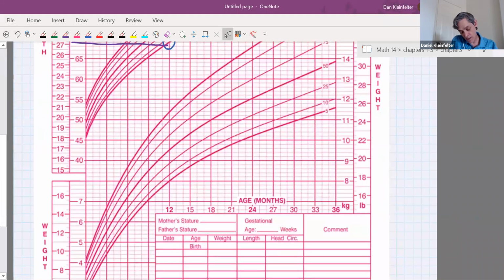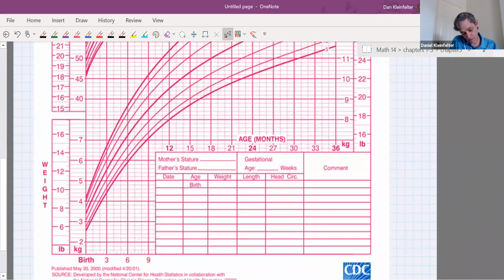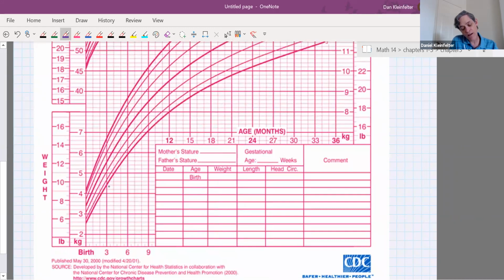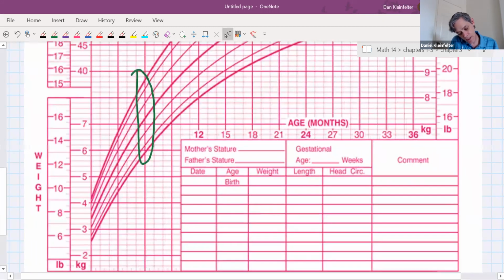Okay, for weights, let's go down here. Let's say you have a 6-month-old this time. So 6 months is here. Actually, let me go with a younger one, because otherwise it's going to be split across two different sets of legends.